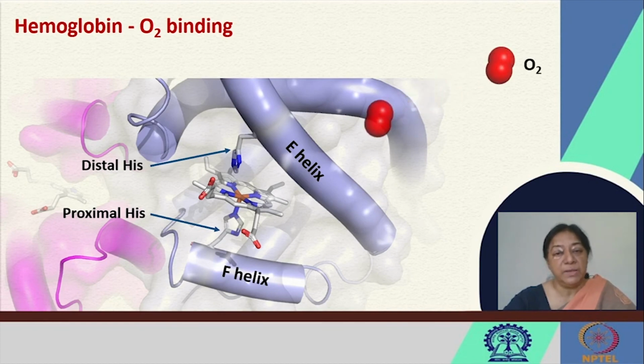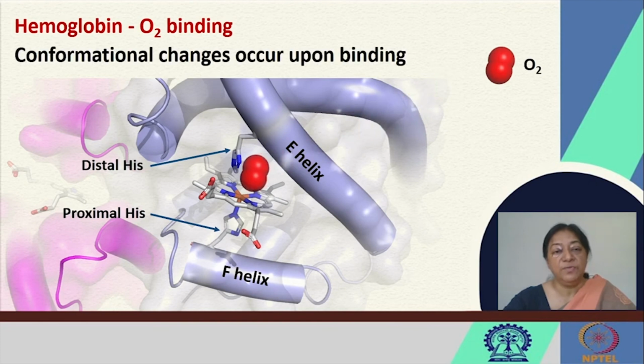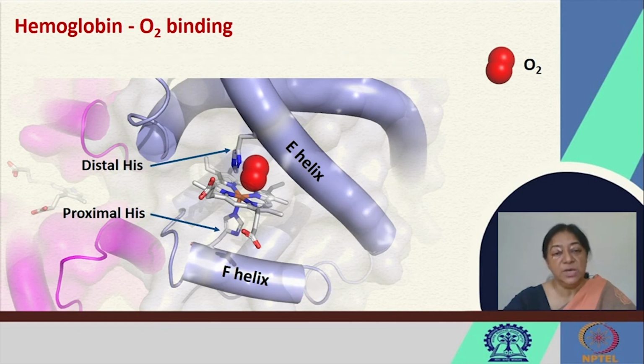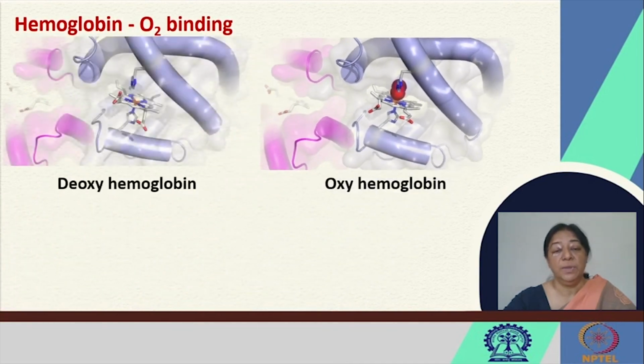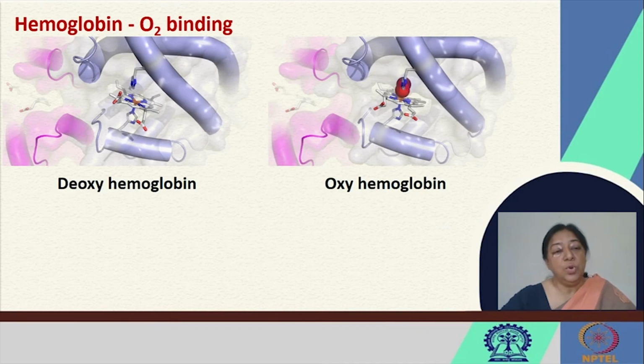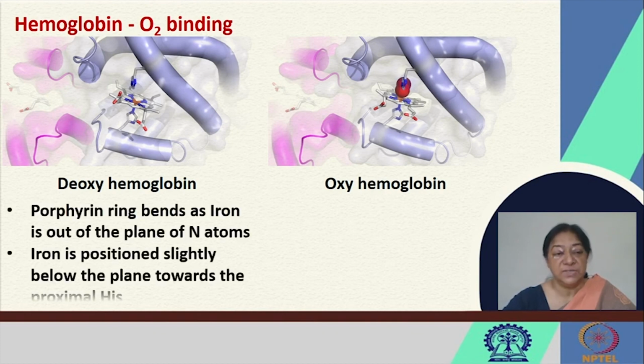On oxygen binding, we have a conformational change that occurs when oxygen is bound. There is a movement of the helices which results in a conformational change that now helps in cooperativity of the binding.